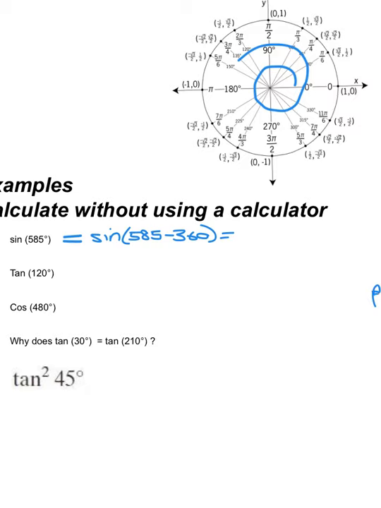So that's going to be sine of 225 degrees. So then if I look at 225 degrees on this, I go over here and I go 225. There's 225 right there. Sine of 225. Oh, I can read that straight off there. Negative root 2 on 2. Easy. Negative root 2 on 2.